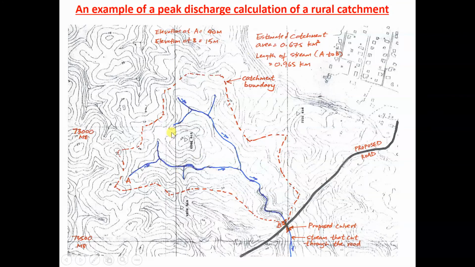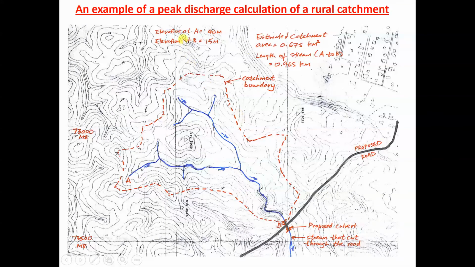And from the contour we can read it, this point A is 40 meter. You have to read the contour. This one is 55 here, and this one is 50 and so on. Probably 50, I'm not sure, you have to check the interval.